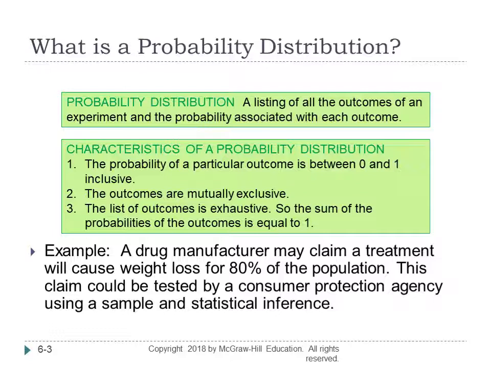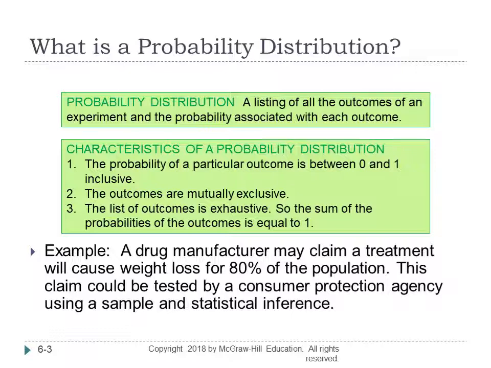The definition of a probability distribution: it's a listing of all the outcomes of an experiment and the probability associated with each outcome. We have a probability experiment, and all the outcomes are known.